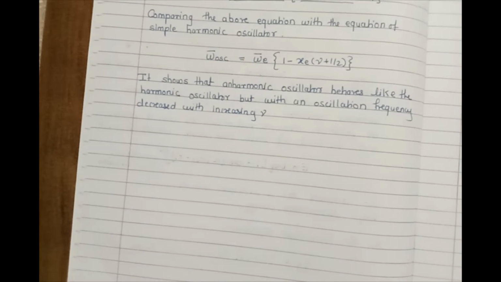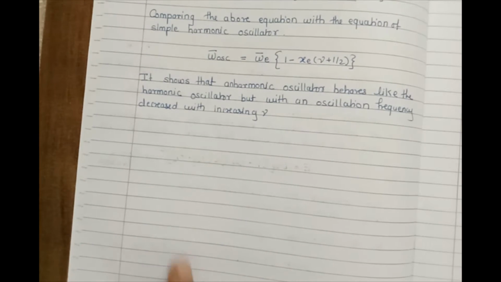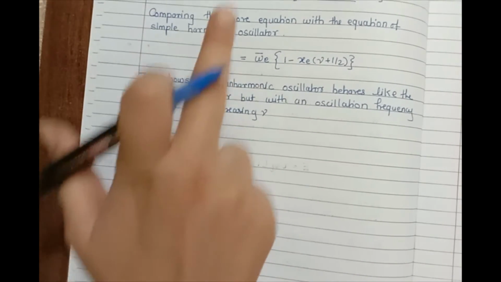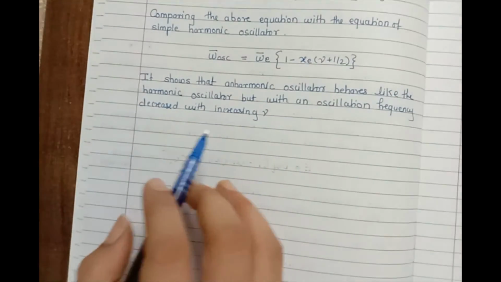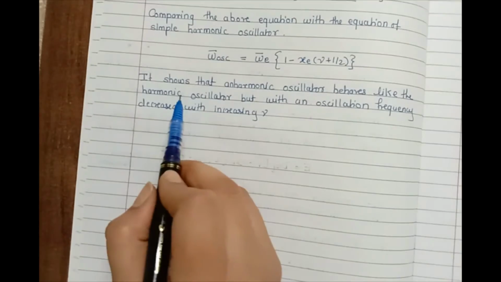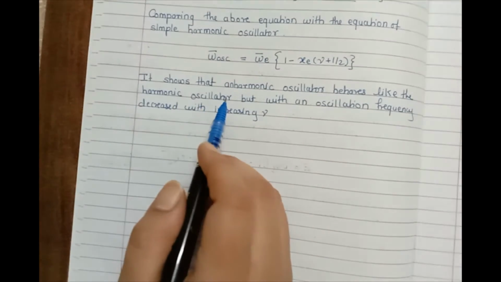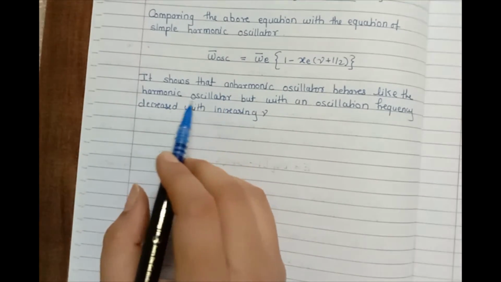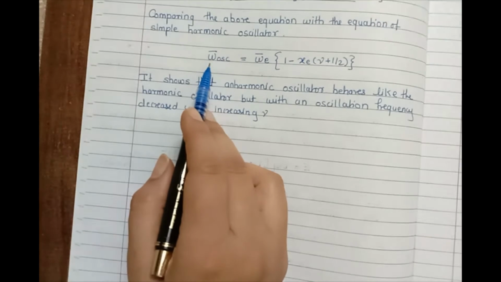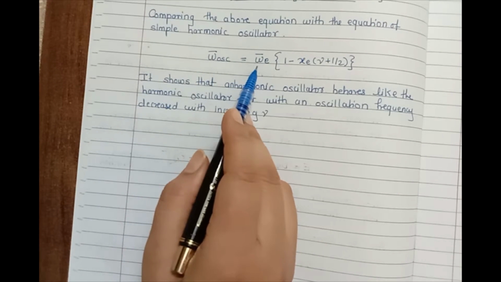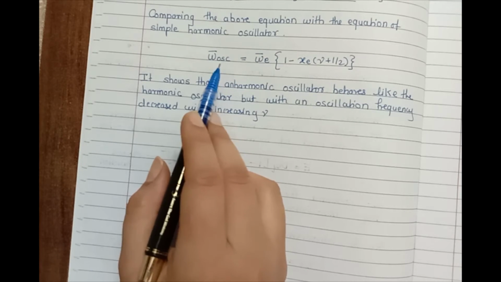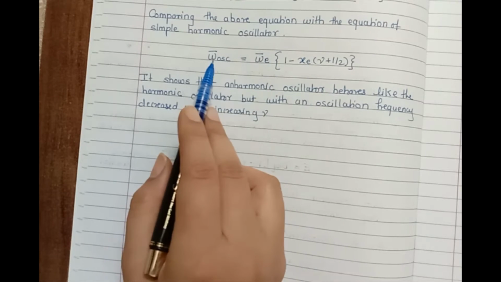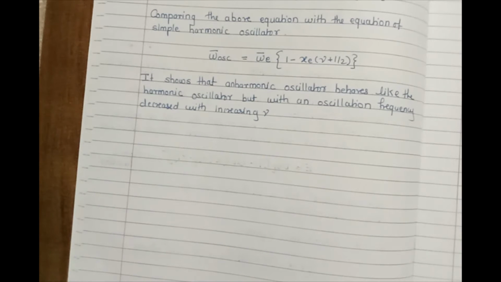So what does this sentence indicate? That an anharmonic oscillator behaves as a harmonic oscillator. So when will it behave as a harmonic oscillator? When this omega oscillation will be equal to omega e, isn't it? So when these both will be equal, then it will behave as a harmonic oscillator.